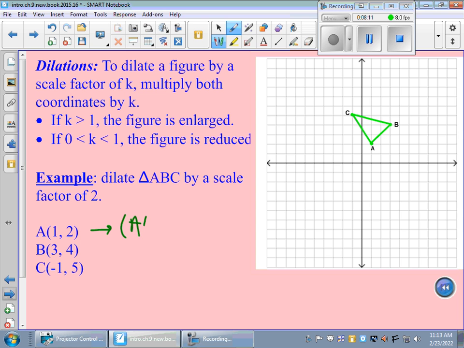So a prime is going to be 2, 4. And now this figure gets bigger, so it kind of overlaps and intertwines with the other figure. But that's just how it goes. B prime is going to be 6, 8.